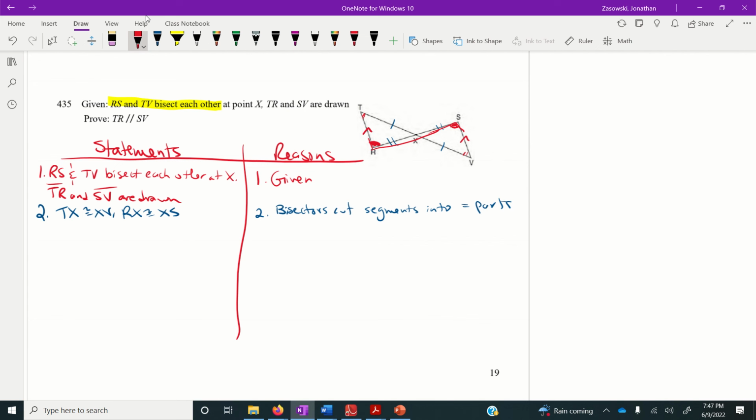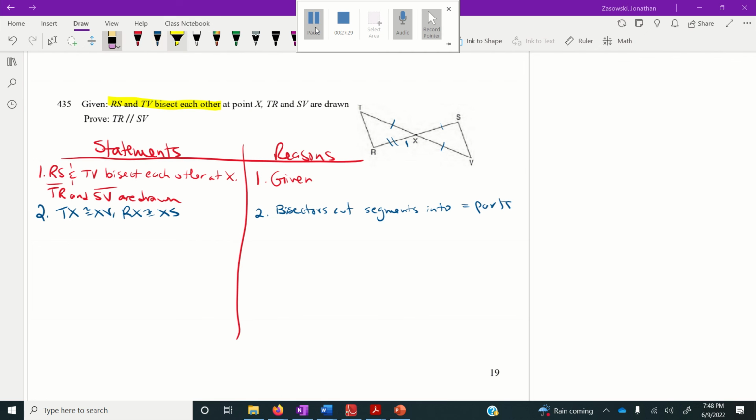Now, in order for that to be true, we're going to have to get these two triangles to become congruent. That's what we're going to need. So we already know that these two sets of sides are equal.